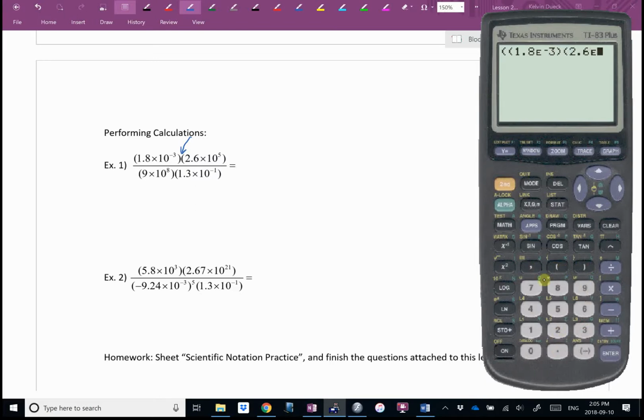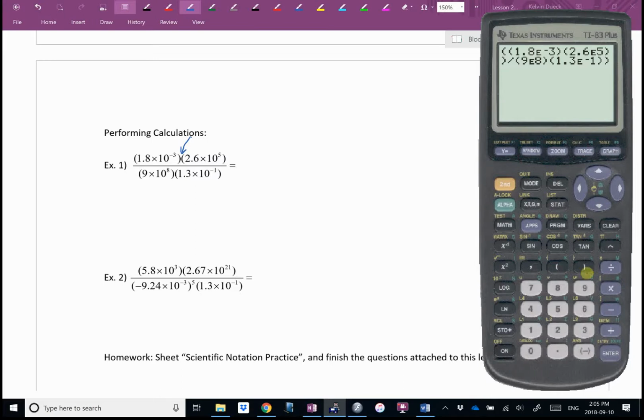Don't write this down, just watch. There's a lot of brackets to track there. I only use brackets to show the top and the bottom.